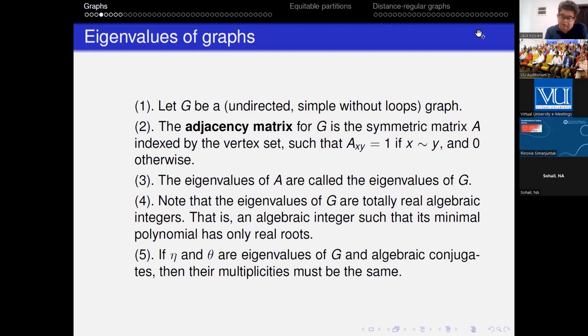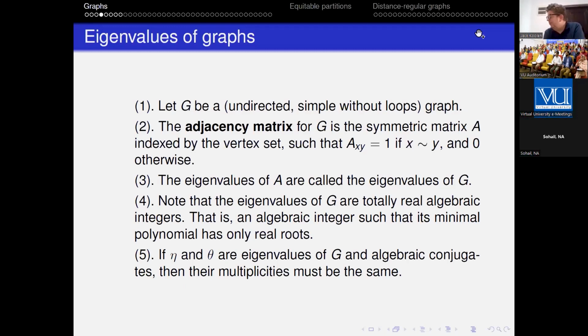And note that the eigenvalues of G are totally real algebraic integers. They are real because A is symmetric, and they are algebraic integers because the leading term of the characteristic polynomial is 1.